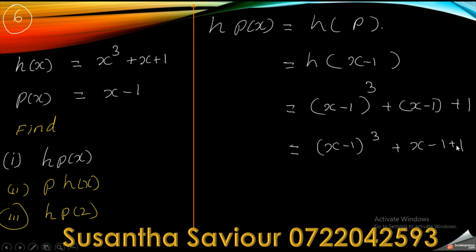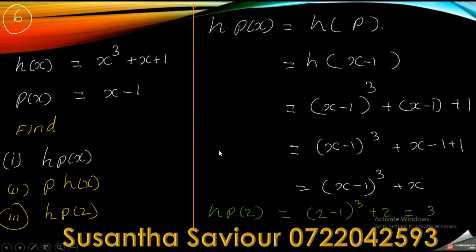This you can simplify as, the plus 1 and minus 1 go off, then it is (x minus 1) to the power 3 plus x, right? Then this part we can do hp2. Now this x is replaced by 2, that is equal to 3.